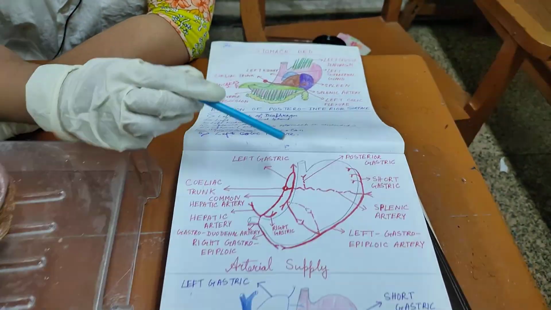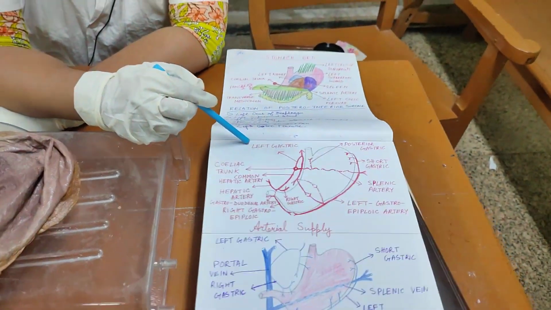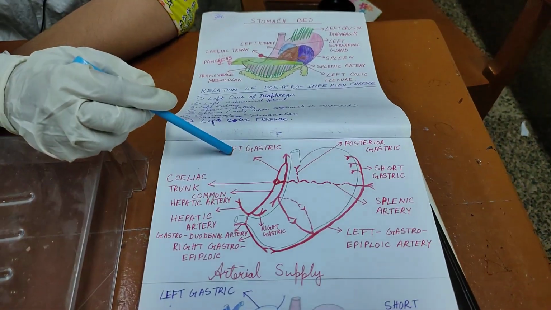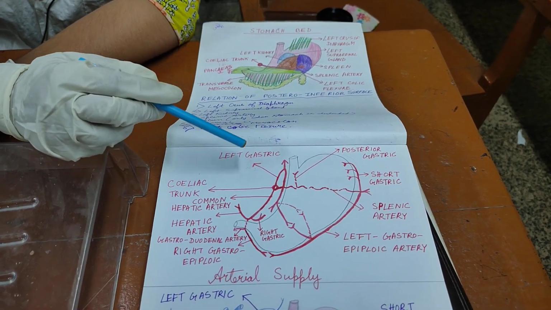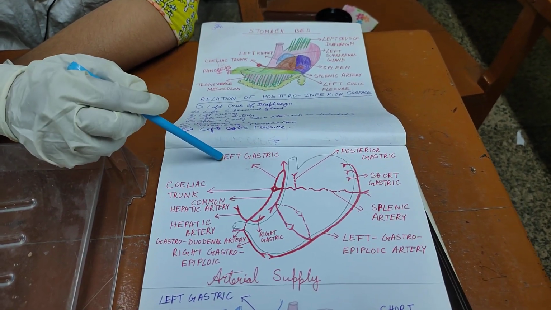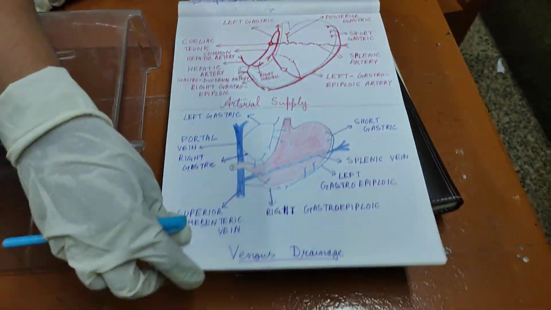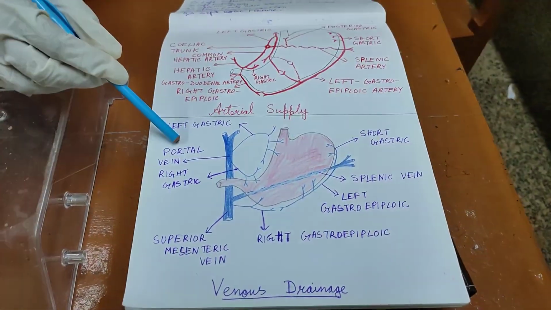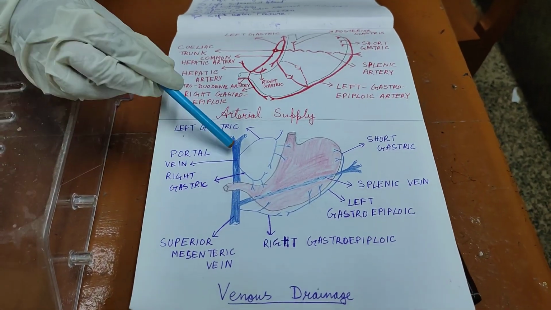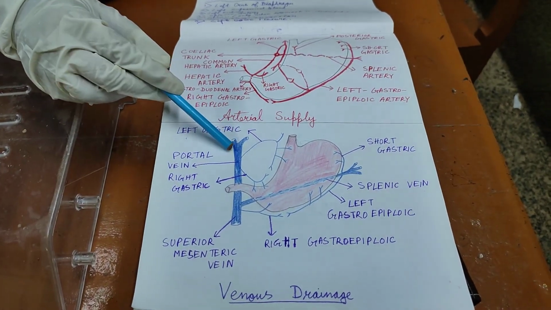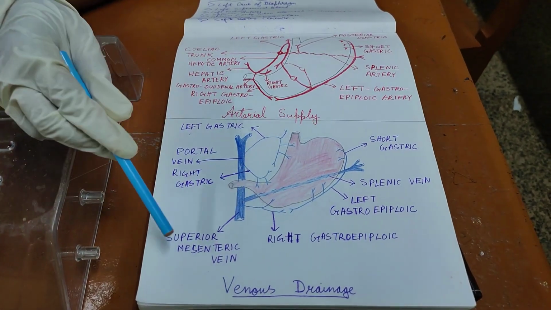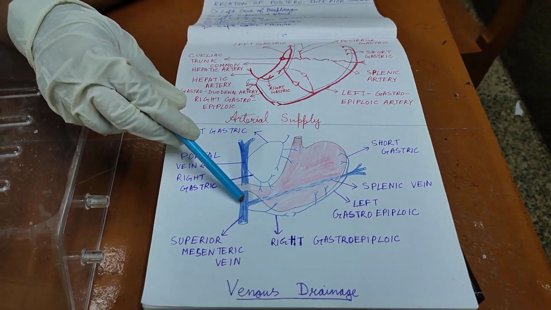Now, among the vessels, the most important artery is the left gastric artery. It is the main arterial supply supplying the upper 2/3 of the stomach. Coming to the venous supply, the veins either directly or indirectly drain into the portal vein. The portal vein is formed by the union of splenic vein and superior mesenteric vein.